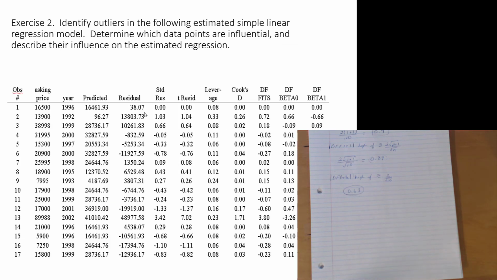Same story with the next data set, just extra practice. You calculate those cutoffs, and then you just roll through and see if these particular calculated values are higher than those cutoffs or not.